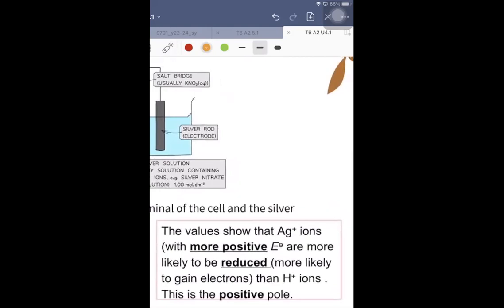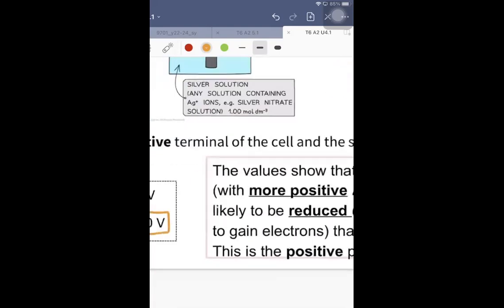Also, the most positive E note will be most likely to be reduced. So the Ag plus ions with the most positive E note are more likely to be reduced, and therefore this becomes the positive pole.